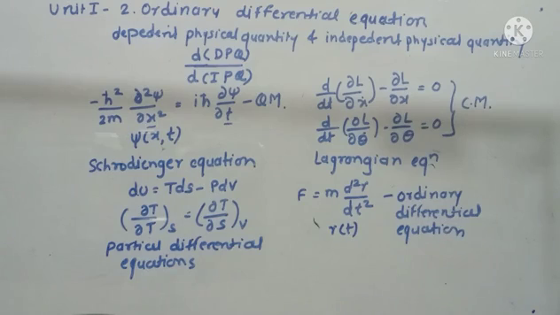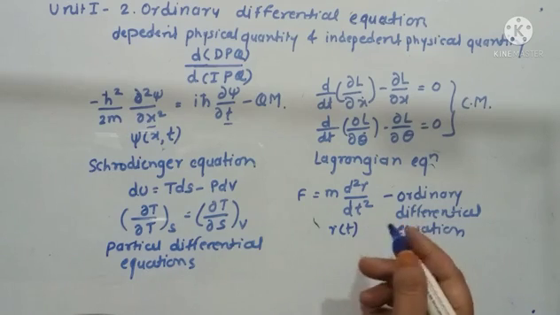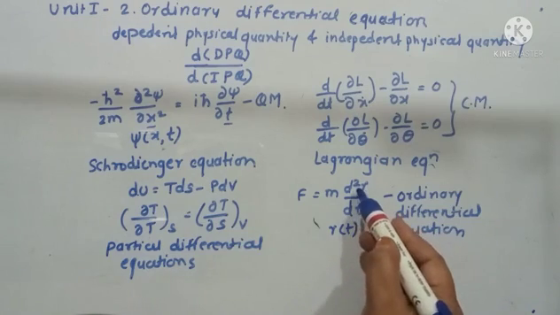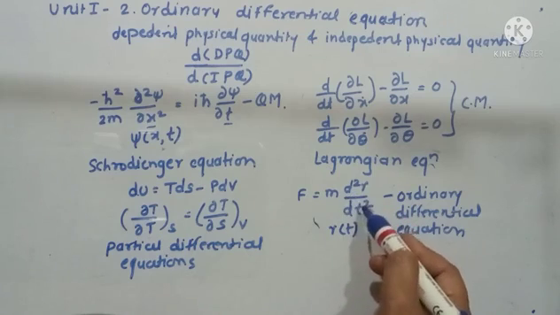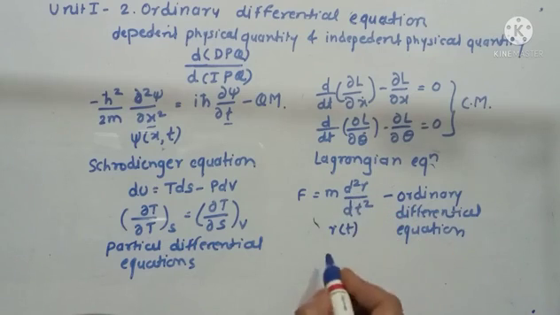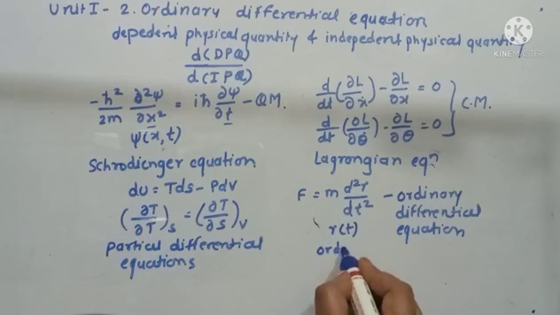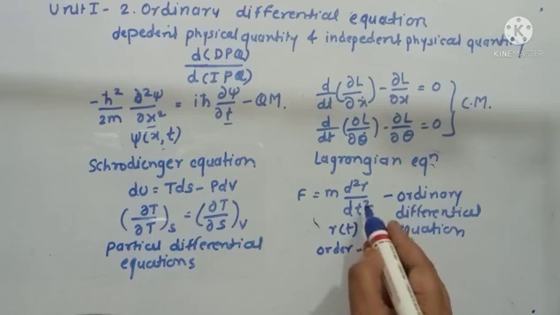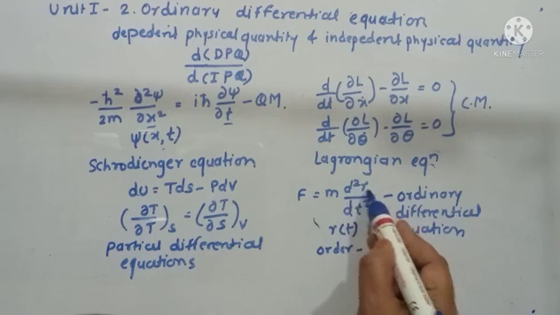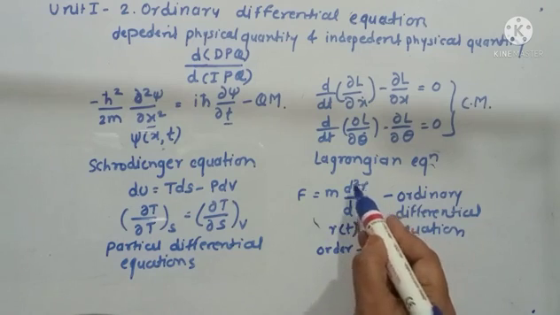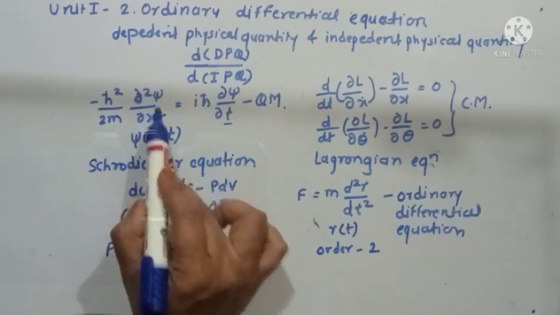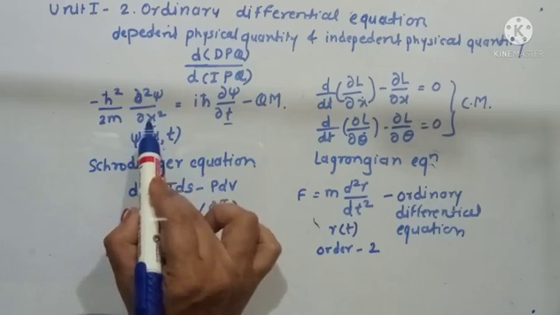Okay, so let us see what the order and degree of a differential equation are. The highest order of the derivative is nothing but the order of the differential equation. So here d square is there, so this is second order. Here dou square is also there, therefore it is second order.